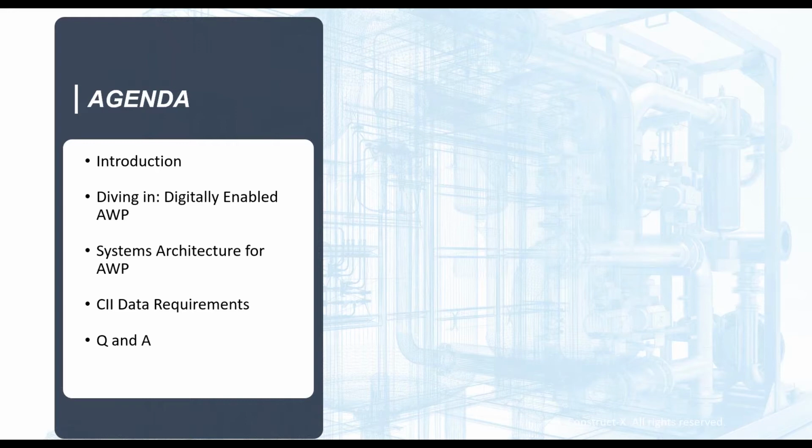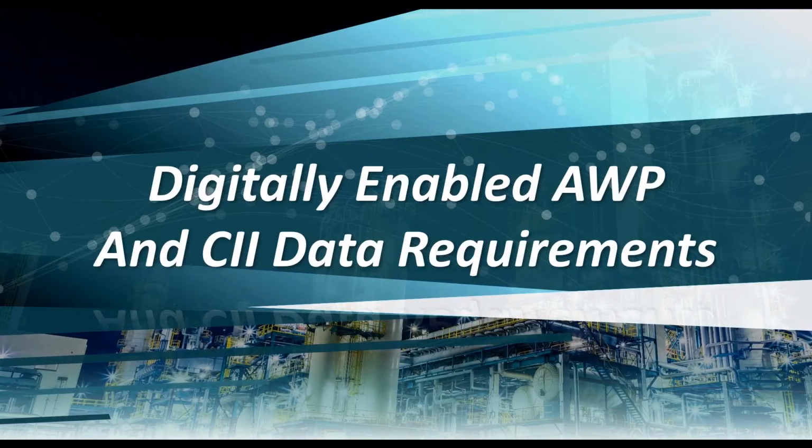And then we will have a presentation on the data requirements themselves, as well as how the team functioned and a little bit of how we got to our final product. And then we look very much forward to taking your questions at the end of this. All right, so digitally enabled AWP and CII data requirements.